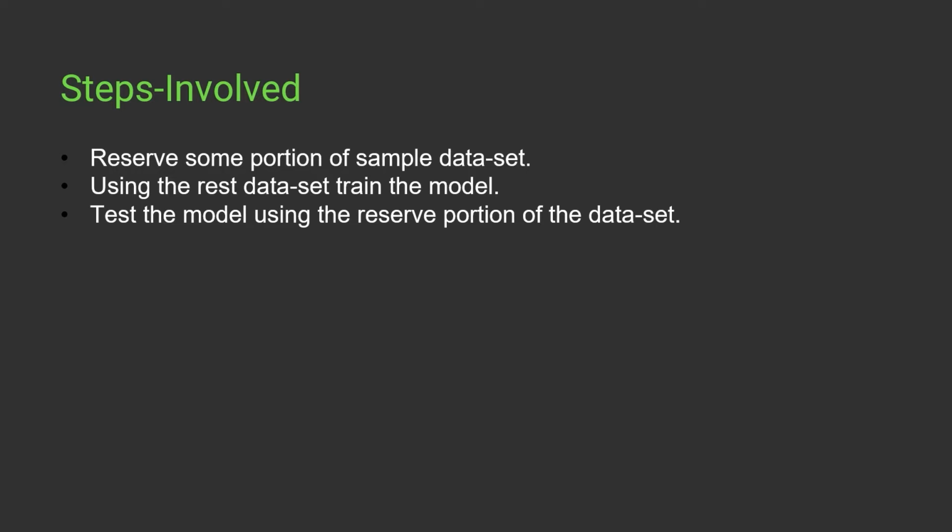We're using k-fold. First of all, we have to reserve some portion of sample data. For example, you have a small data set, or you are working on a single data set and just performing a training and testing part. To be assured that your model is not biased or just fitting over the data, you can use a cross-validation technique. So for that, you reserve a small portion of your data, right?